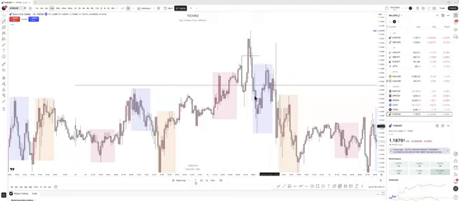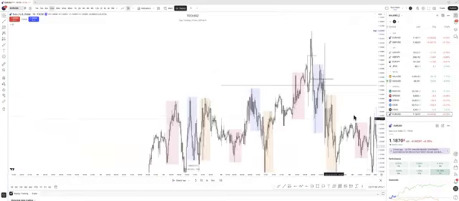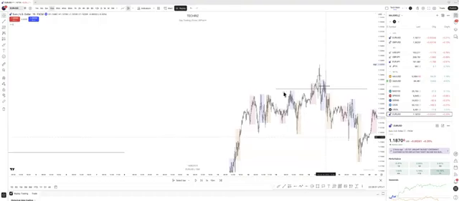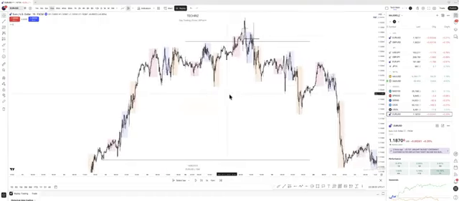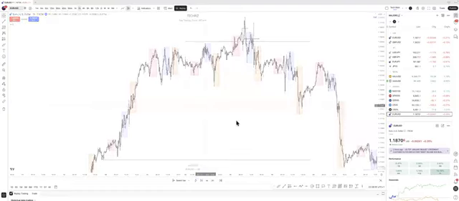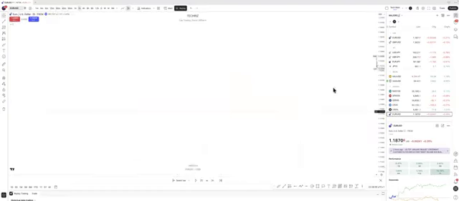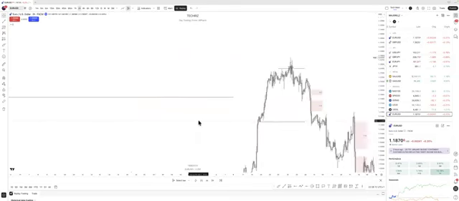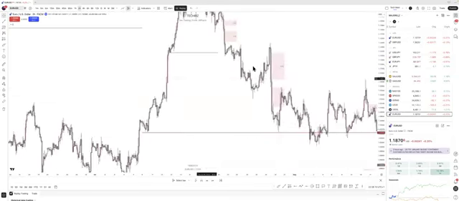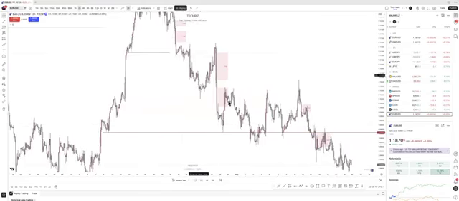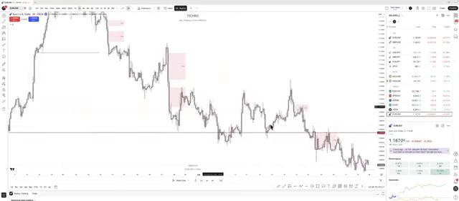When price closed below this low, that becomes the CISD. And the market sold from there until Valhalla. Right? From there until Valhalla.